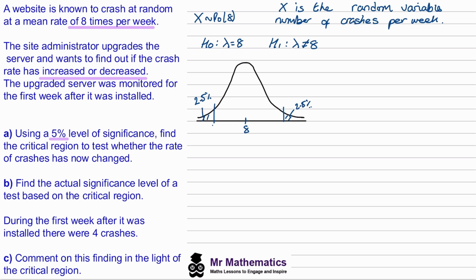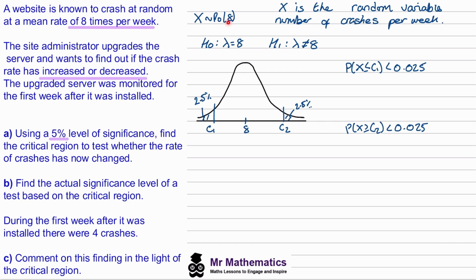If I call the region to the left C1 and the region to the right C2, then we want the probability of X being less than or equal to C1 must be less than 2.5%. And the probability of X being greater than or equal to C2 must be the same. So if we go to our tables, we can work out C1.